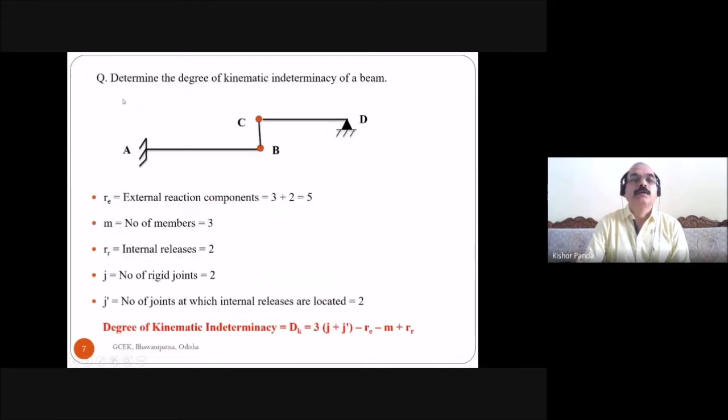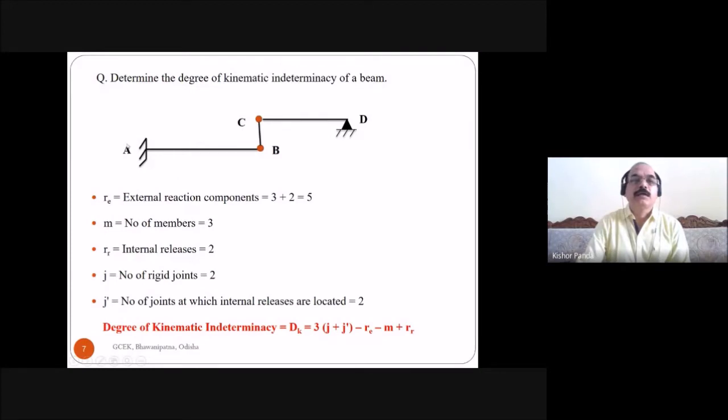Then this is one example: determine the degree of kinematic indeterminacy of a beam. Here this is structure A, B, C, D, and A is fixed, joints B and C are internal hinges, and D is a hinge support. First you find out the external reaction components.